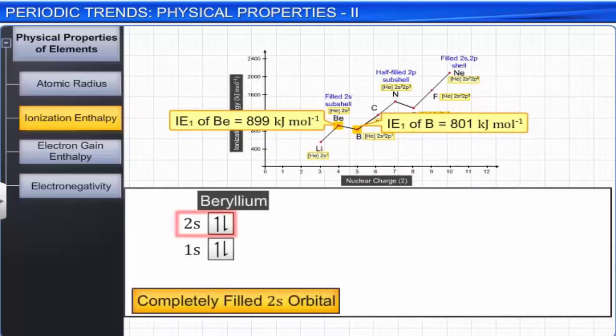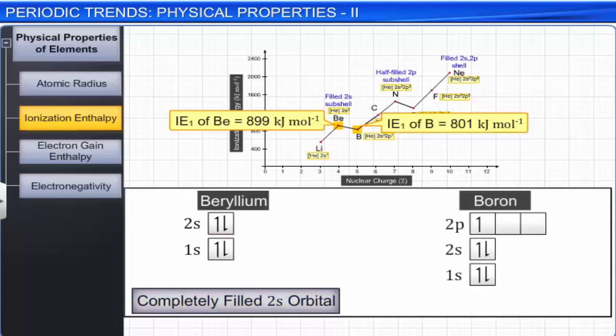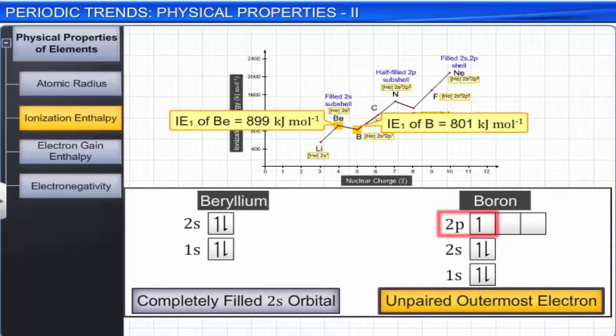On the other hand, in boron, the outermost electron is unpaired and is also present in the less penetrating p orbital. Hence, more energy is required to remove a 2s electron from beryllium than to remove a 2p electron from boron.